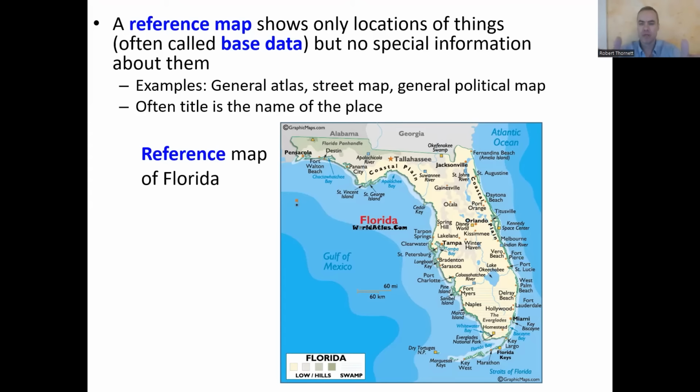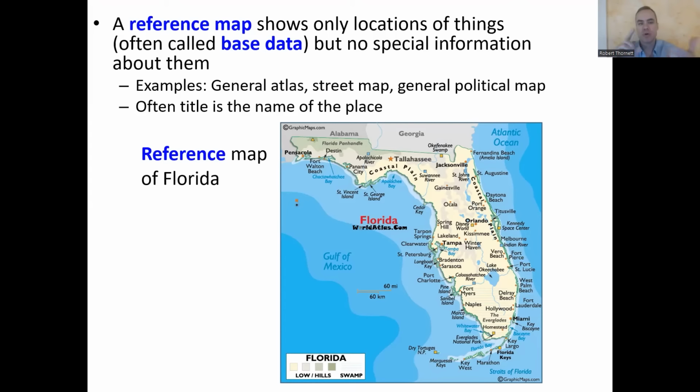Where is Florida? Where is that river? Where is this city? Stuff like that. It's called base data. So reference maps show only the base data and nothing special, no other information. It's not going to say what the tax rate is in that city or that county. It's not going to tell you the penguin density of that region. It's just going to tell you the base data.